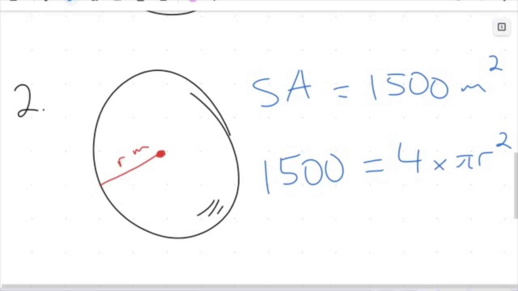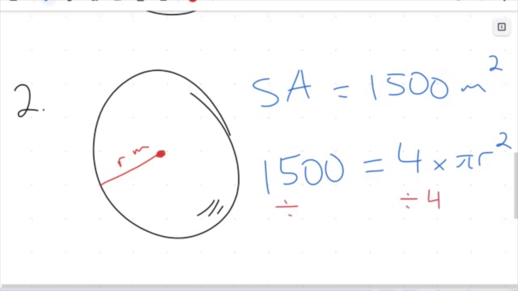Now remember, the thing we're isolating here is going to be my radius. So I want to chip away at these other parts of my equation in order to get to my radius. So what I'm going to do first, I see 4 multiplying by pi r squared, so I can do the opposite operation.